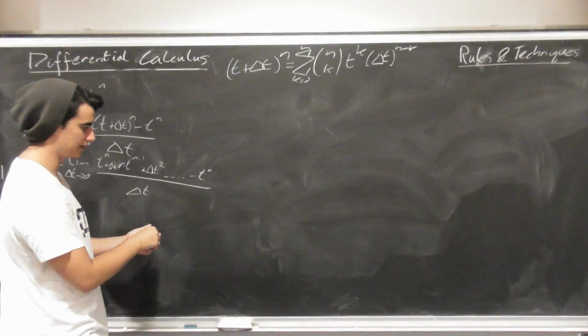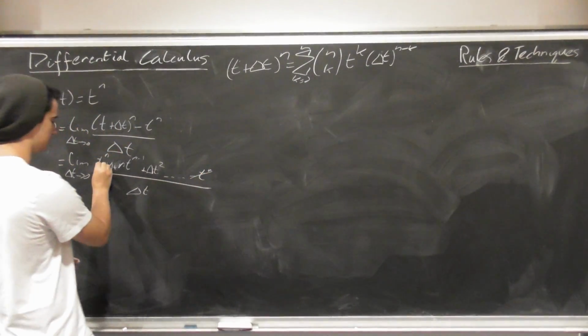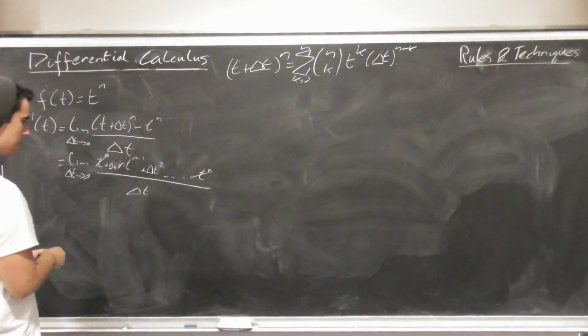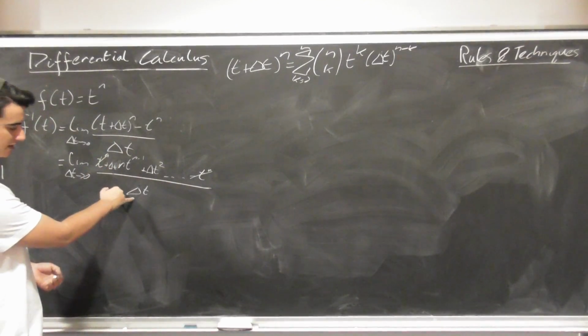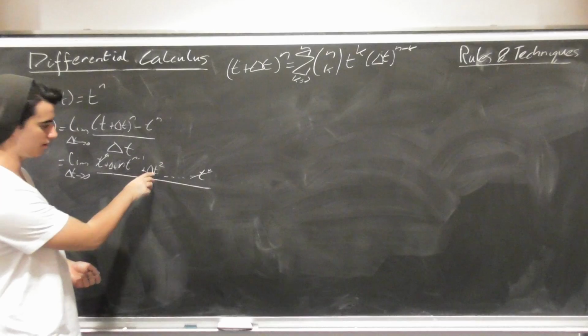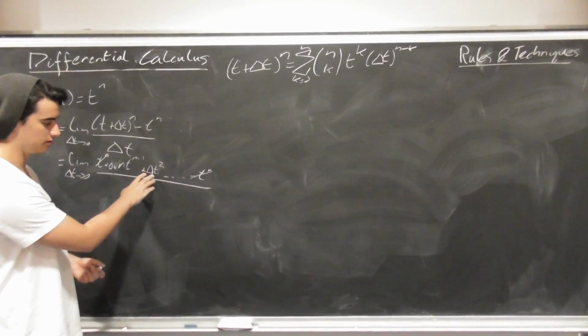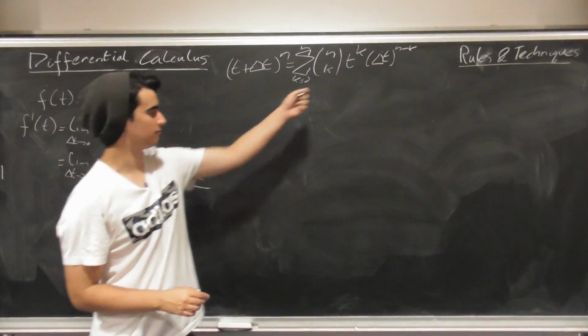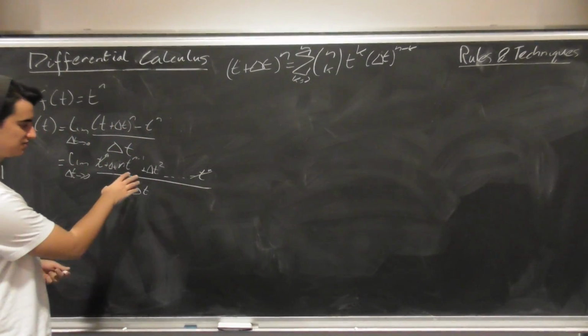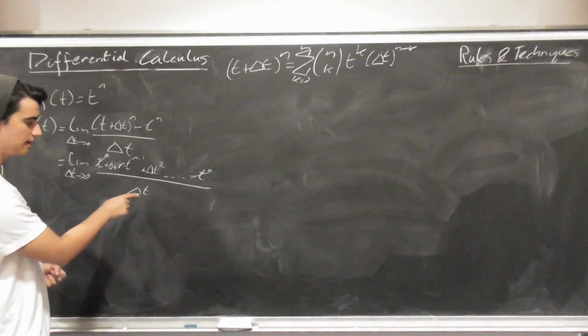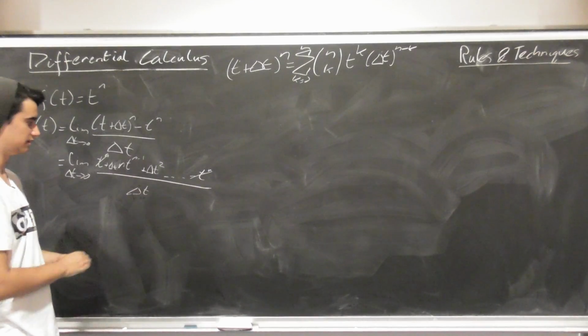So these two will cancel, this t to the n and this t to the n, and this delta t here will cancel with this one on the bottom. But note that all the other terms that we get from Newton's binomial theorem will all stick with a delta t somewhere, even after they're being divided by delta t.